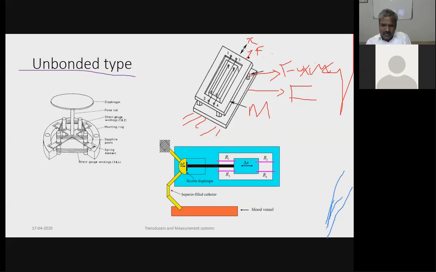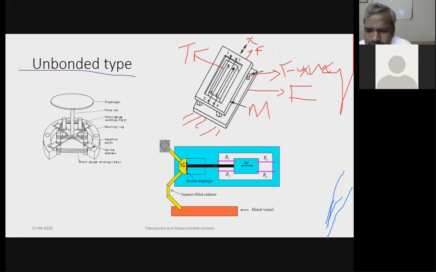When we try to move this side, this 1 and 2, 1 and 2 and 3 and 4 subjected to tension. This wire, this becomes tensile. Okay, tensile.